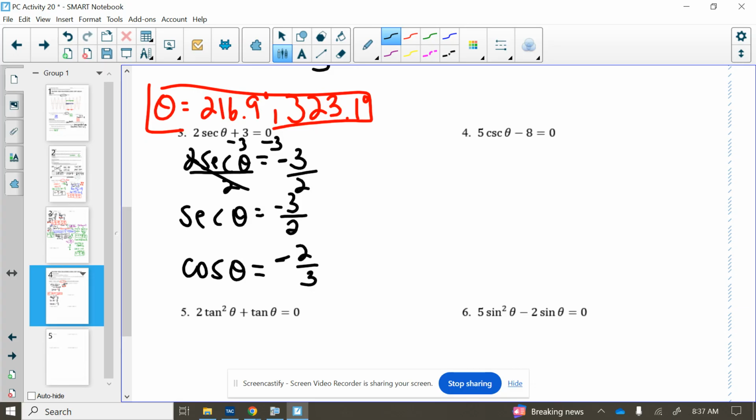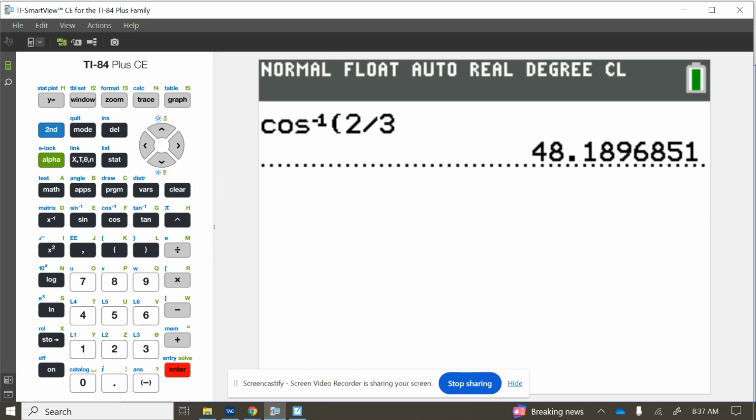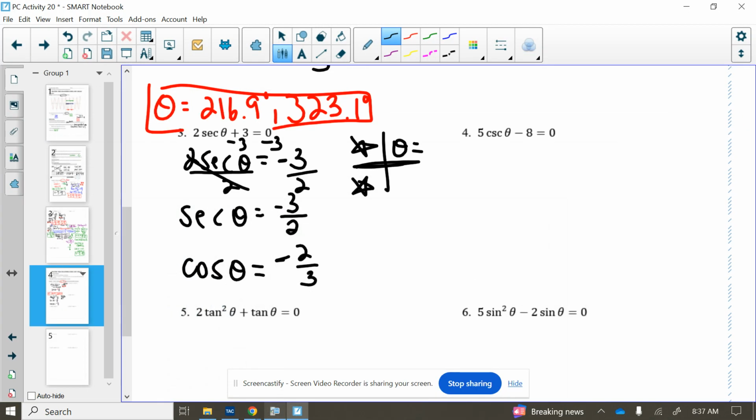Now, cosine is negative in quadrants 2 and 3. But again, I like to start off, we want to find that quadrant 1 reference angle. So I'm going to take cosine inverse of positive 2/3 to find my quadrant 1 buddy. That's 48.1 degrees.